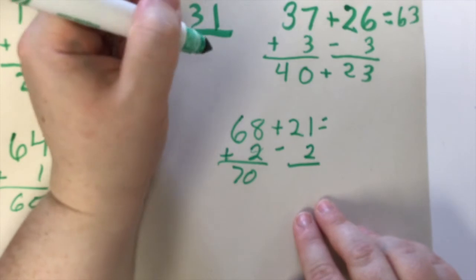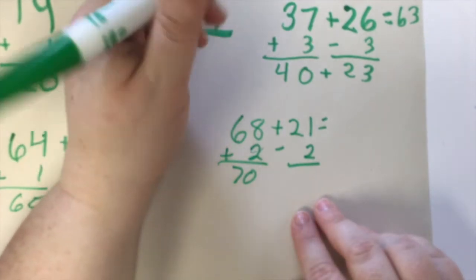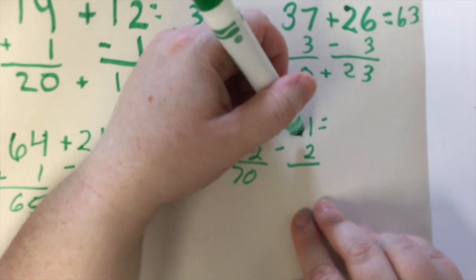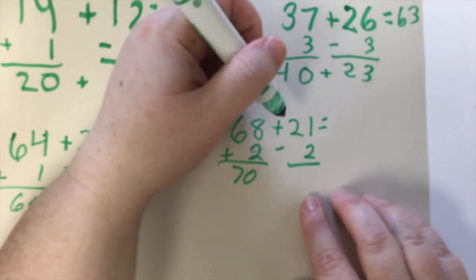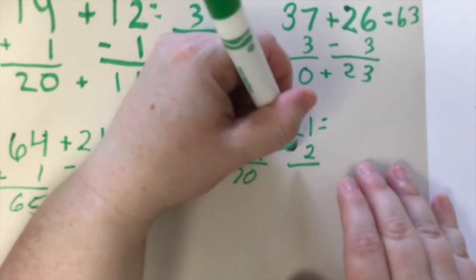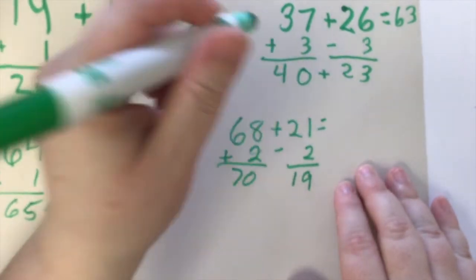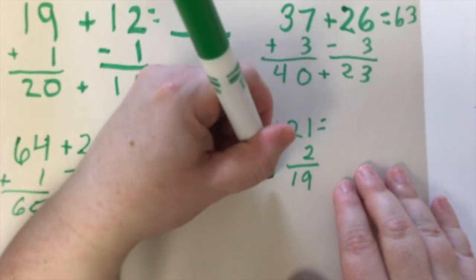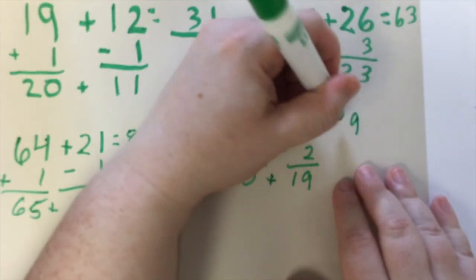And if you're not good with regrouping and subtraction, you haven't learned it yet, this is going to be a little more challenging. You have to be able to have the peace of mind to say, I can count backwards. 21, 20, 19. So that's what I mean by saying compensation isn't always the best strategy. It works in certain circumstances though. So now I can add that. Now I have 9, 89.